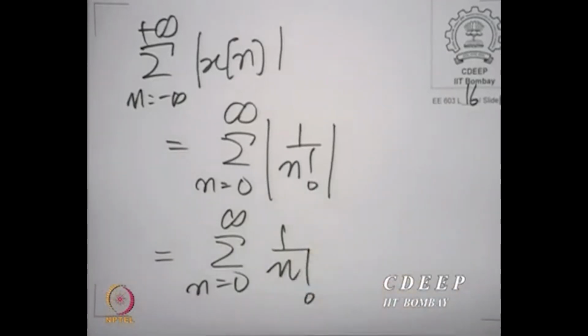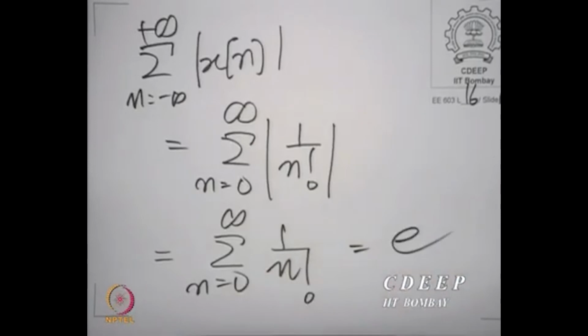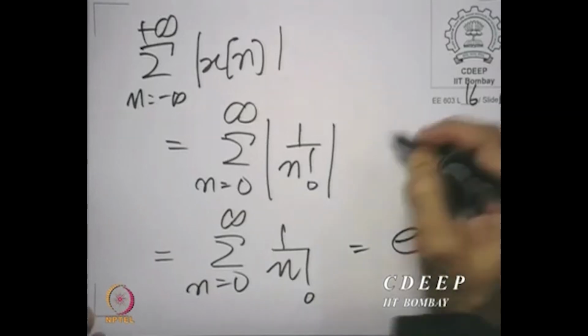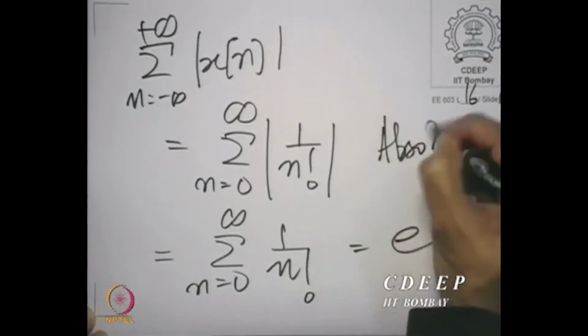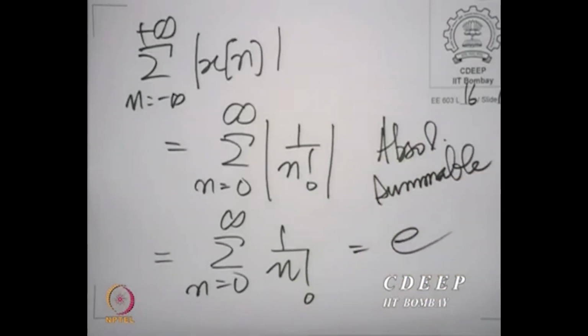And this is very easy to evaluate. This is essentially e raised to the power of x evaluated at x equal to 1. This is e, the standard Neperian base, and that is of course finite. And therefore, this is absolutely summable, and therefore, the system is stable. So, if a system were to have this impulse response, it would be both causal and stable.